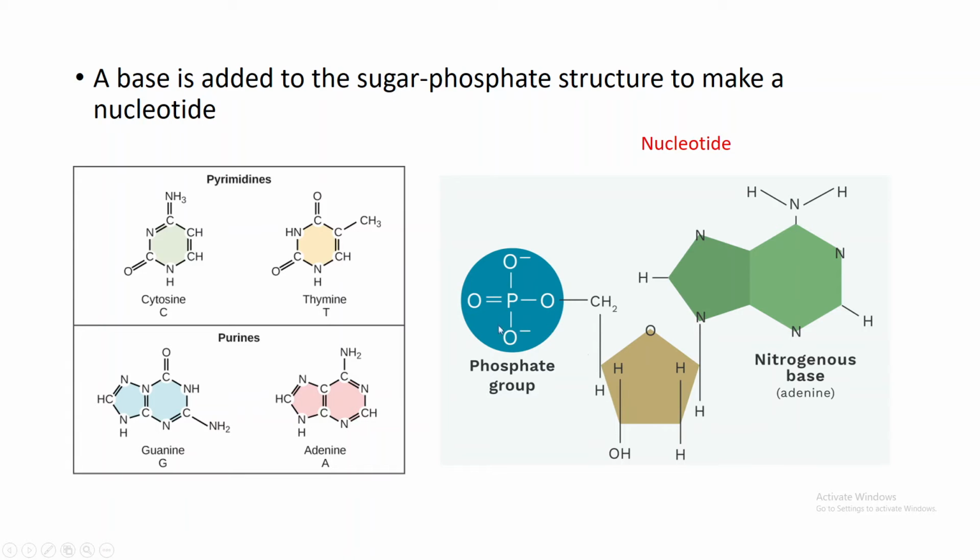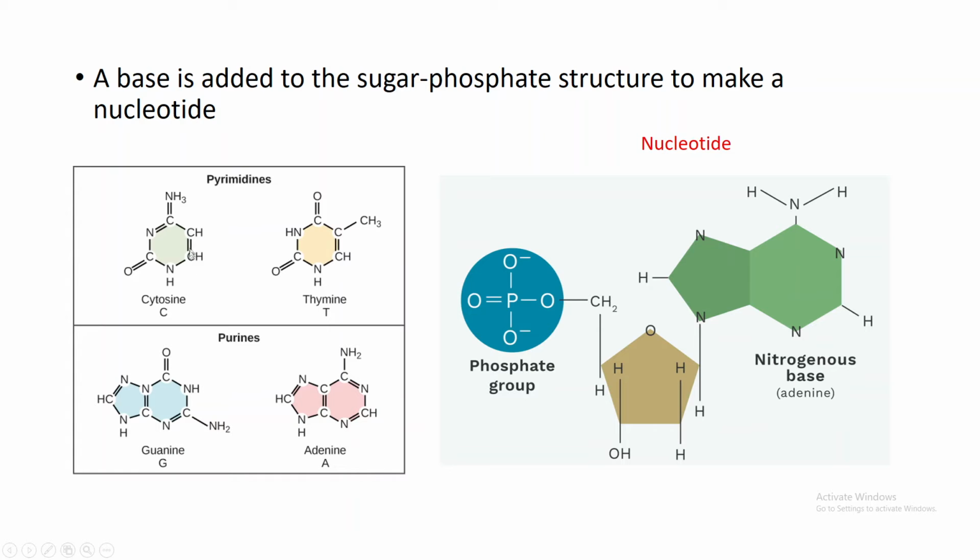And this is a phosphate group added at carbon number 5. It's carbon number 1, number 2, number 3, number 4, number 5. At carbon number 1 here, a nitrogenous base is added. So this molecule here, which has a deoxyribose sugar, a phosphate group, and a nitrogenous base, is called a nucleotide.